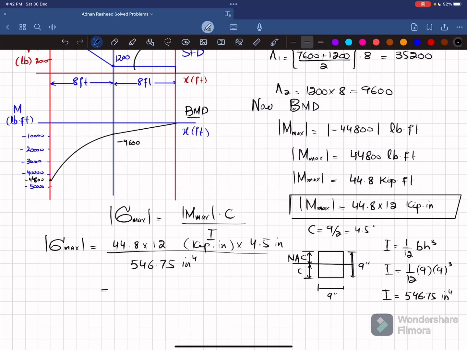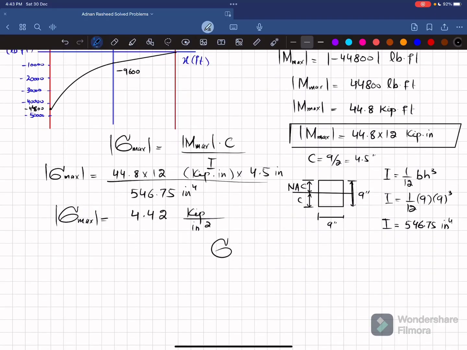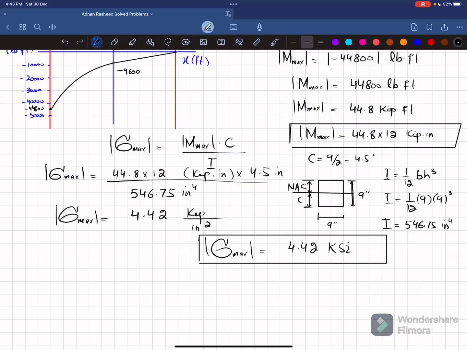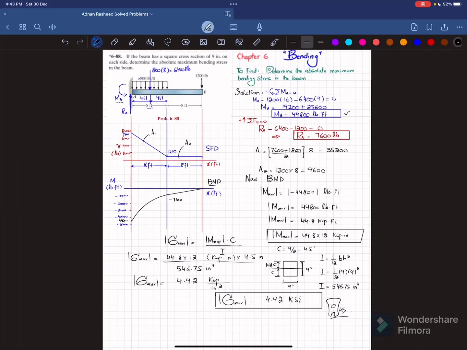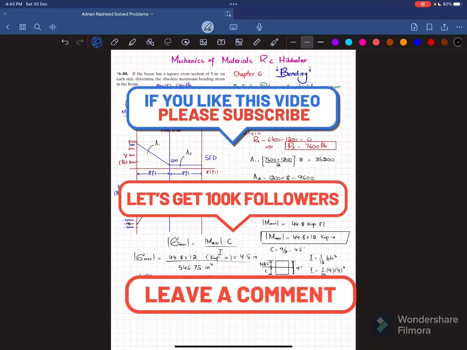So we will get 4.42 kips, which is kilopound, divided by inch square, and that is the maximum absolute value of bending stress. So it is 4.42 kips per square inch, which is KSI, kilopound per square inch. And that is the answer of this question, in which we have calculated the maximum absolute bending stress for the beam and loading shown.